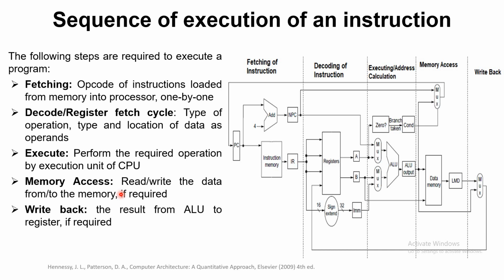If there is a need to access the memory after the completion of the arithmetical and logical operation, that is, if the instruction needs to store the data to the data memory, then the data memory will be accessed during this fourth stage of the instruction.